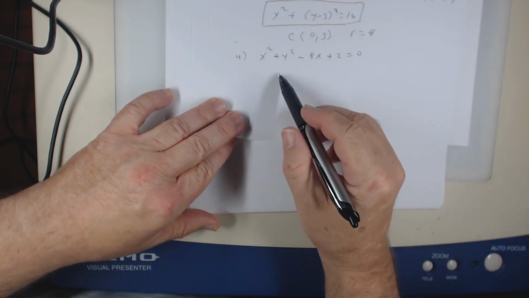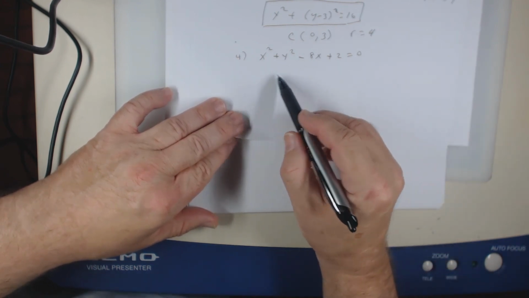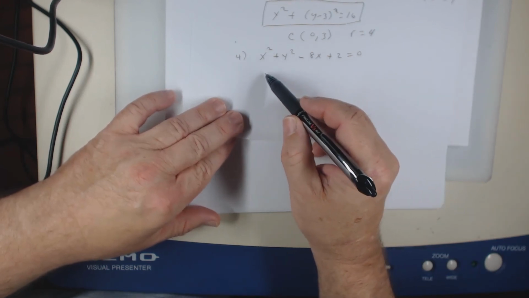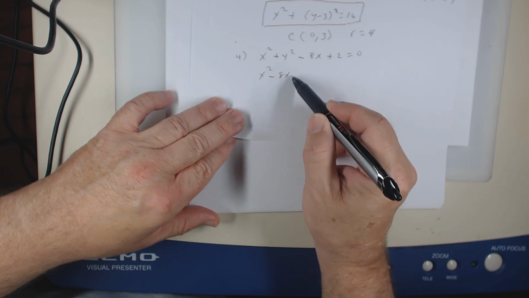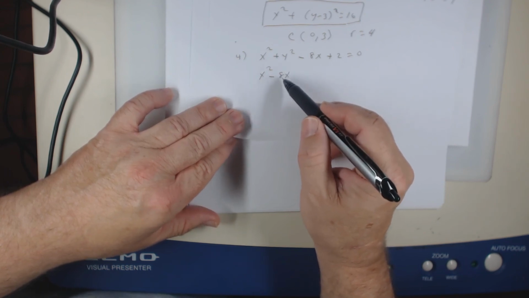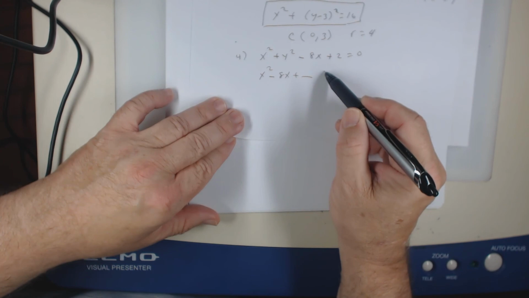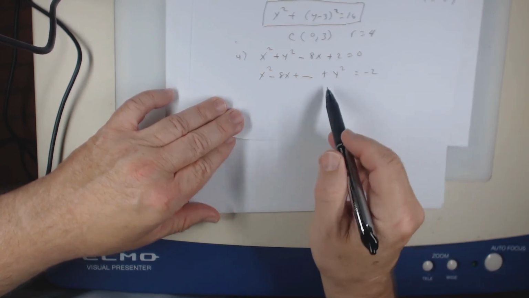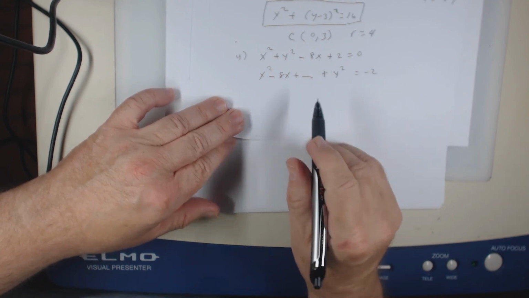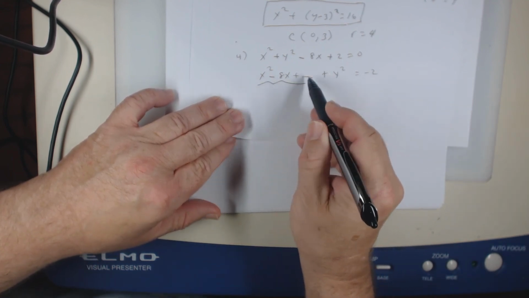All right. So how do you write the next step? Okay, so x squared. Now I do have to complete the square in the x's though, right? Plus a blank, plus, equals negative 2. Do I need to complete the square in the y's? No.